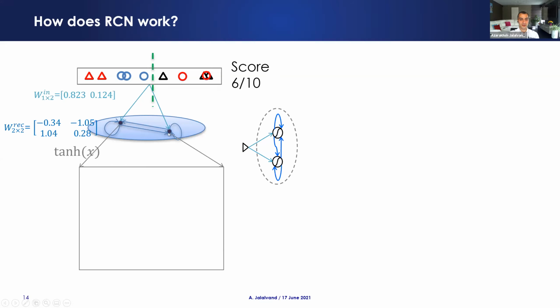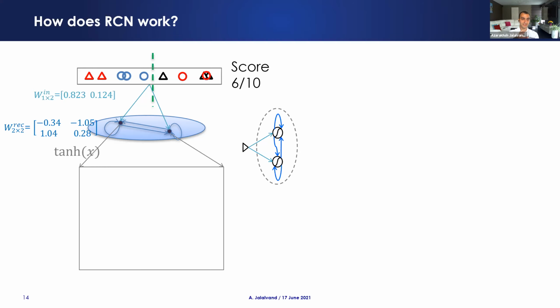And these 2 nodes are connected to each other in 4 directions: each node to itself, and node A to B and node B to A. So we have 4 weights here for the recurrent connections and 2 weights for the input connection. And these are those weights that I showed you in blue, which are initialized randomly. And then we apply a nonlinear function like hyperbolic tangent, or whatever nonlinear function that you like.